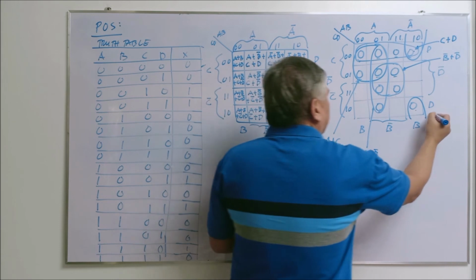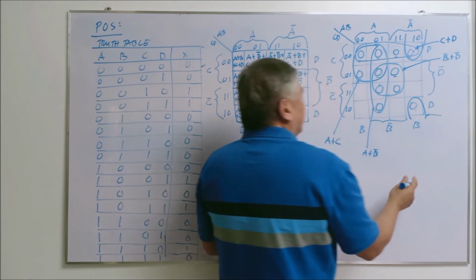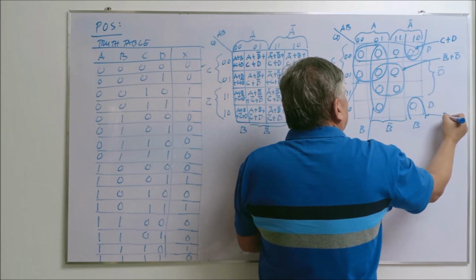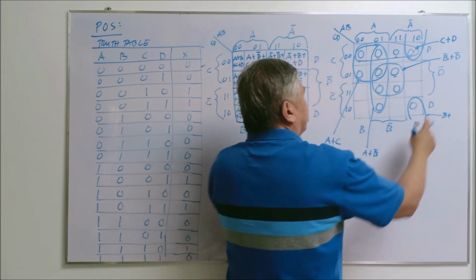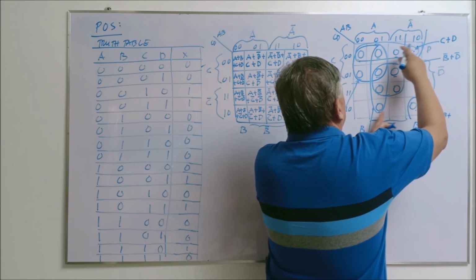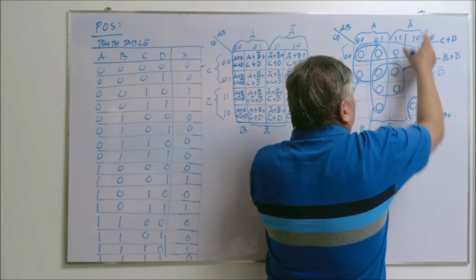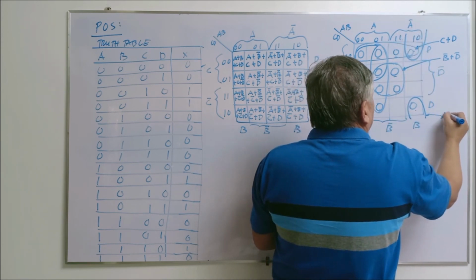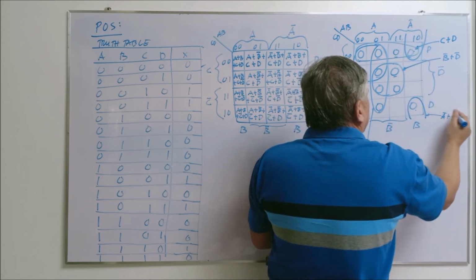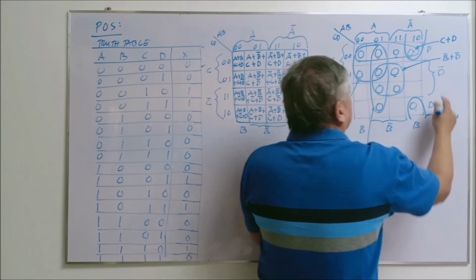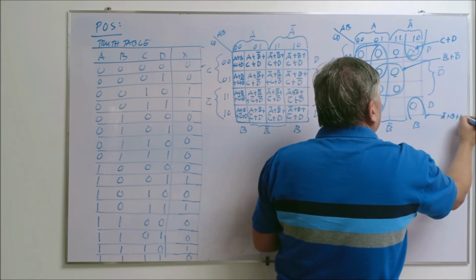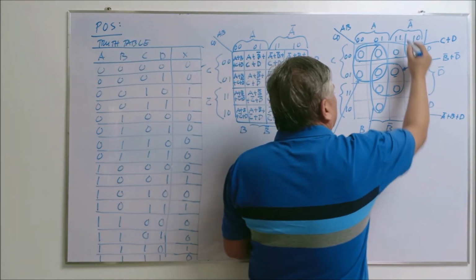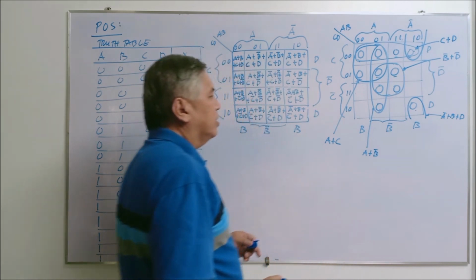And then this one here is under A bar plus B plus D. Okay? So that's the intersection of this particular group of cells.